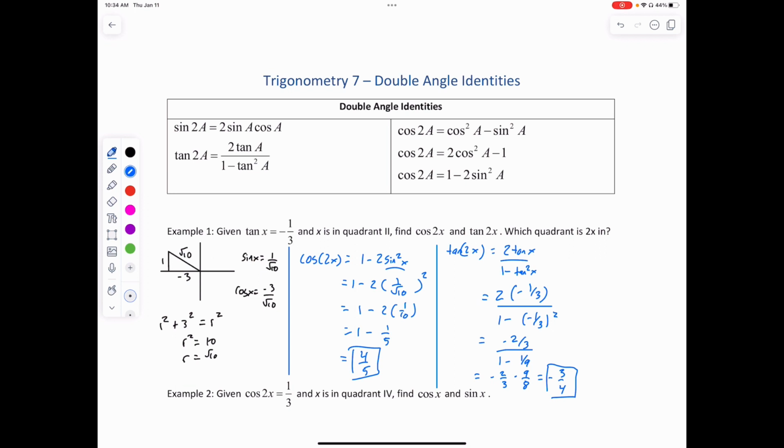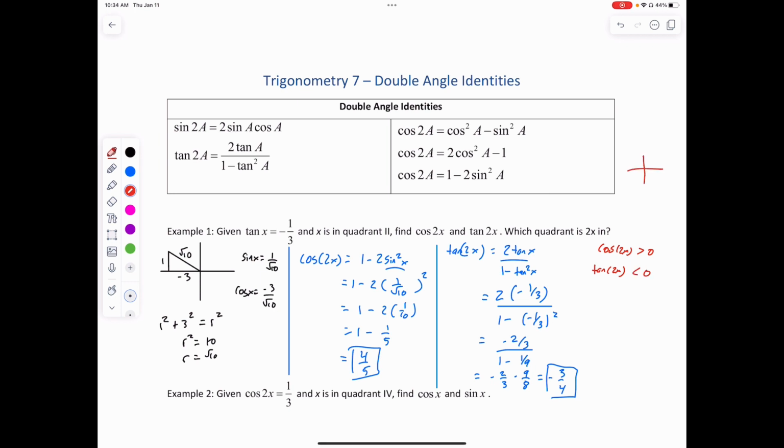Now we would be done, but there was one additional question, which is asking what quadrant this angle 2x is even in. Well, notice that we were given that we started in quadrant 2, and then we found that cosine of 2x is positive, and we found that the tangent of 2x is negative.